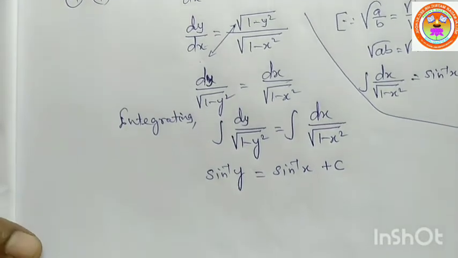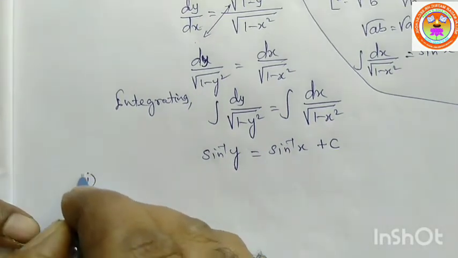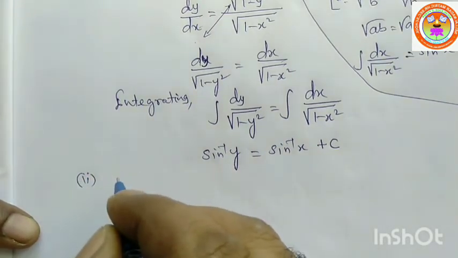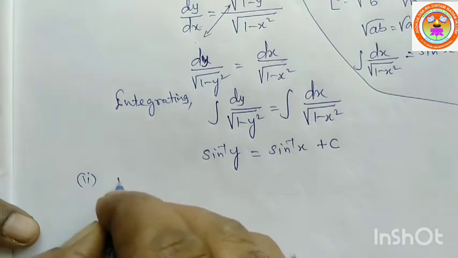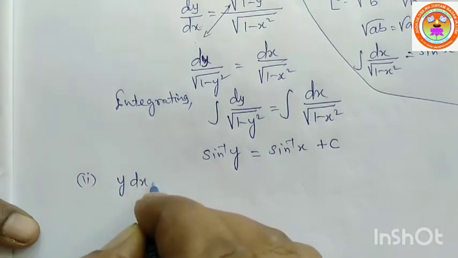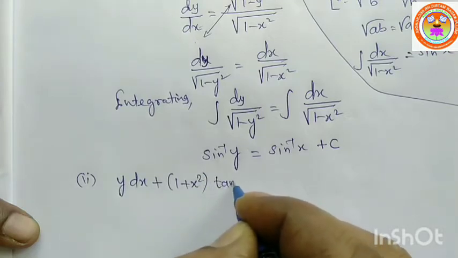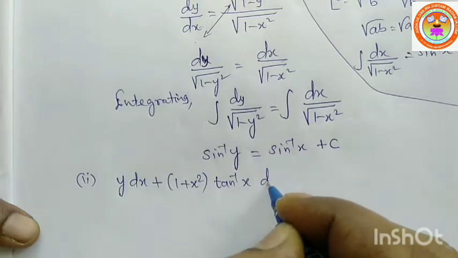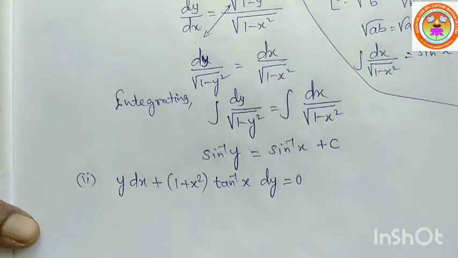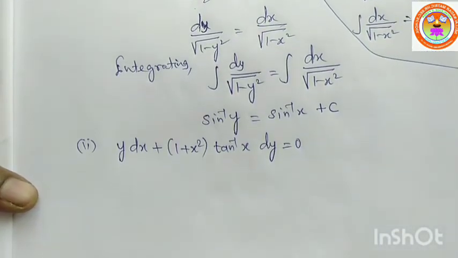The second subdivision says, solve the equation y dx plus 1 plus x square into tan inverse of x into dy is equal to 0. In this part, we are focusing on separating the variables.